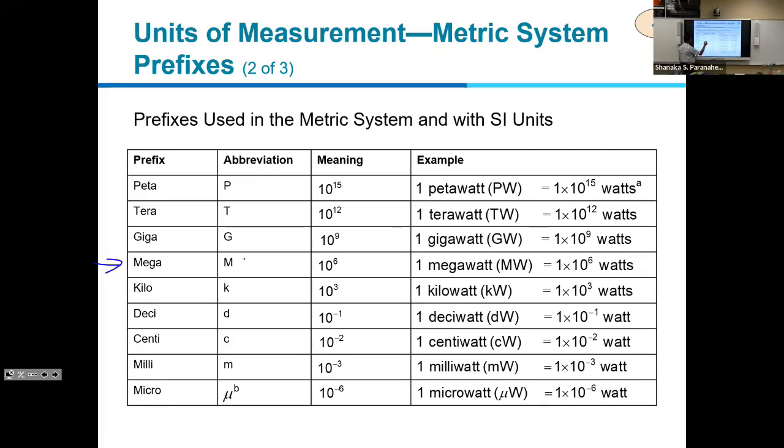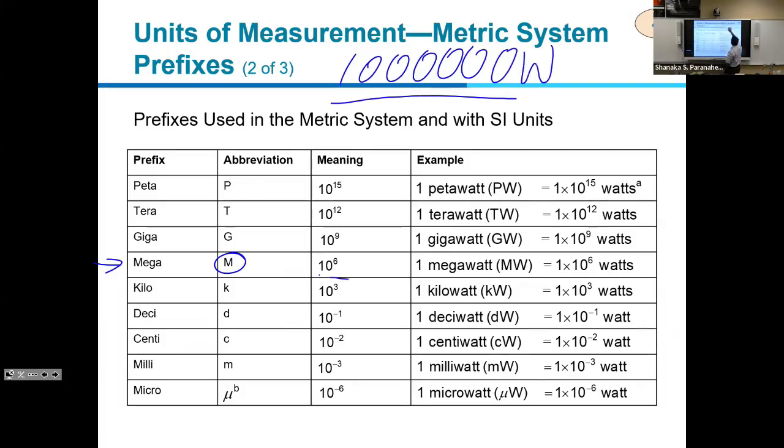Mega, capital M, value is 10 to the power 6. If you have a large value like this, and this is watt, instead of writing it like this, we can write it as 1 megawatt because this number is equal to 1 mega.